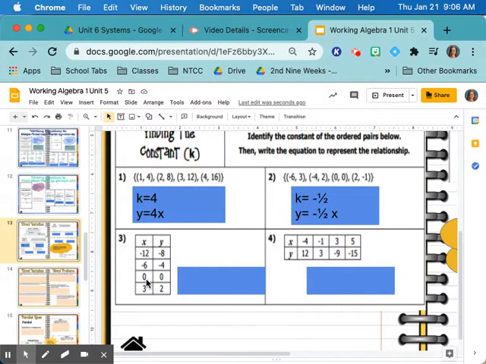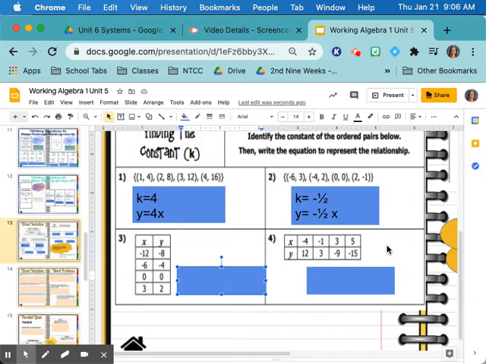And then the next one, 0, 0. 0 divided by 0. Can't do that. It'd be undefined. So we don't even check 0, 0. We already know that 0, 0 must be on it. Then the last one, 2 divided by 3. So k equals 2 over 3.